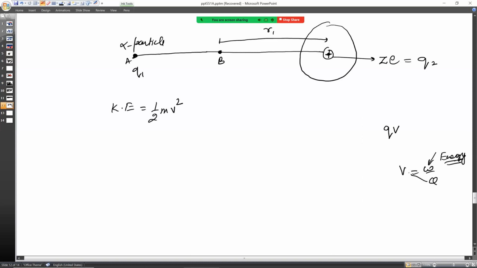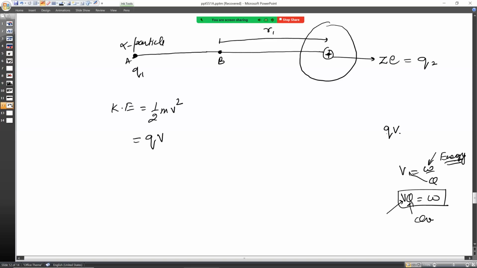So when you multiply these two, V into Q is equal to W. V is the potential and Q is the charge. So this kinetic energy is also equal to work done, and that would also be equal to QV. Got it?